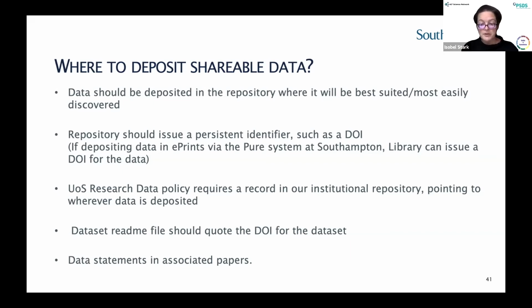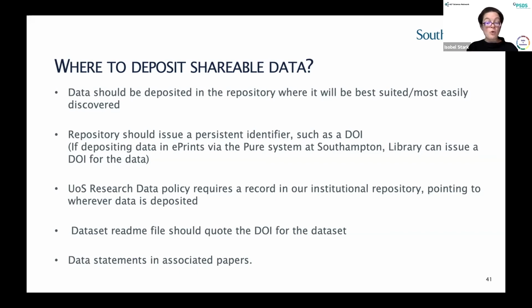Likewise, there's no point putting ecological data in a genomic database. It won't have the right metadata fields to be able to describe the data richly. So try and put it with like material in a subject or disciplinary specific repository. That's not always possible.